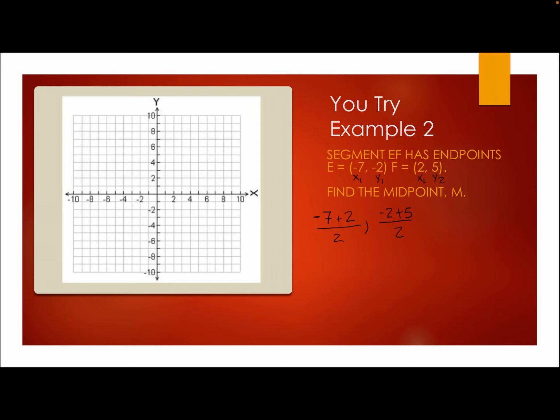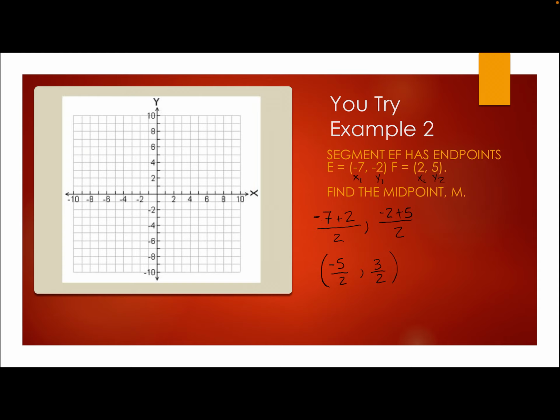That's going to give us -7 plus 2 is -5. So we have -5 halves, and -2 plus 5 is 3. So that's going to give us 3 halves. So we end up with a midpoint of (-2.5, 1.5). So that is going to be right here.